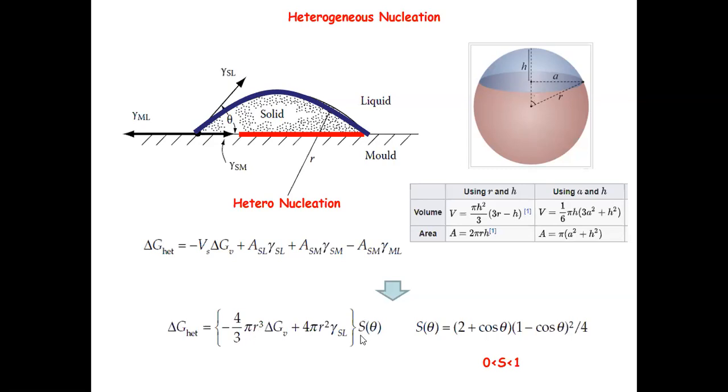And then it has another factor multiplied to this overall energy. And this factor, depending on the value of theta, depending on the material you have in hand, is always going to be between 0 and 1. So what does this mean for the heterogeneous nucleation energy? It's easier to form the heterogeneous cap than it is to form a spherical homogeneous nucleus.